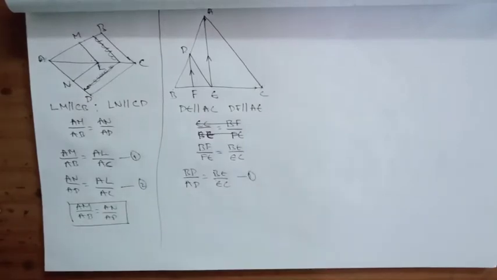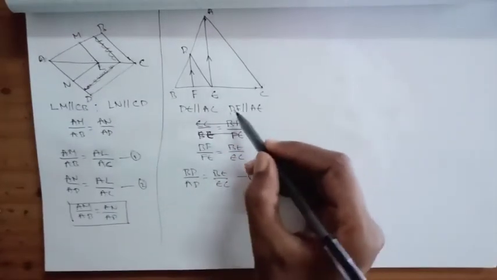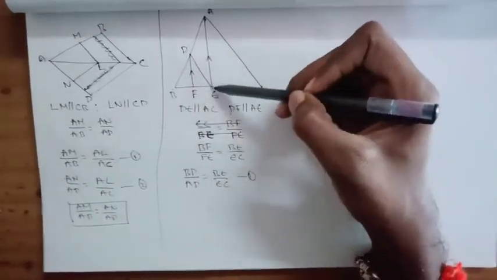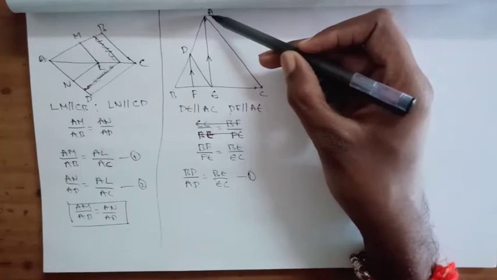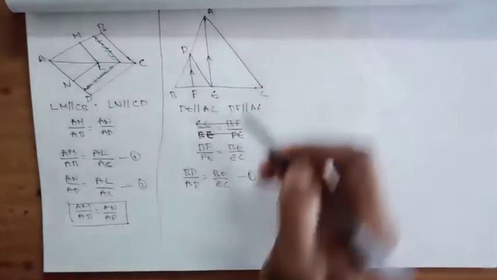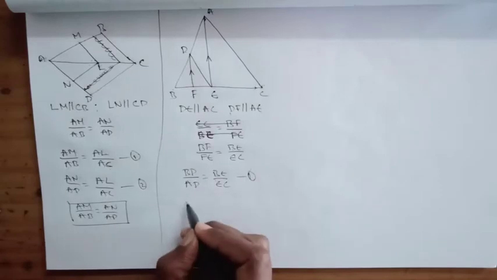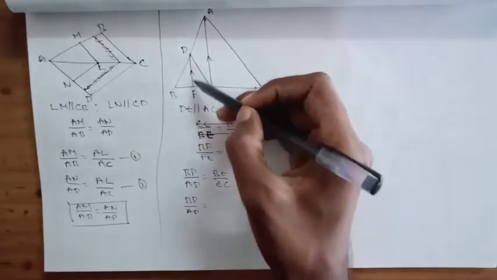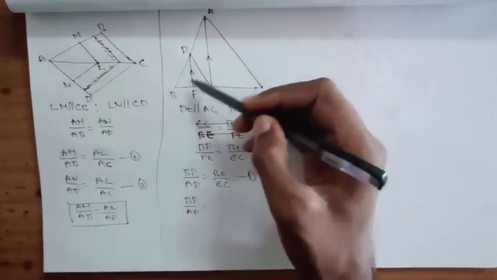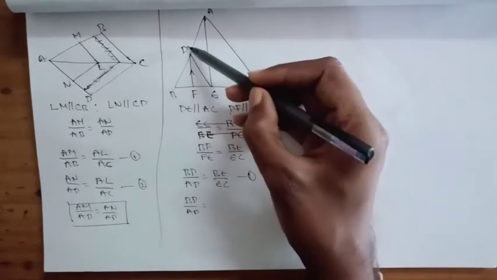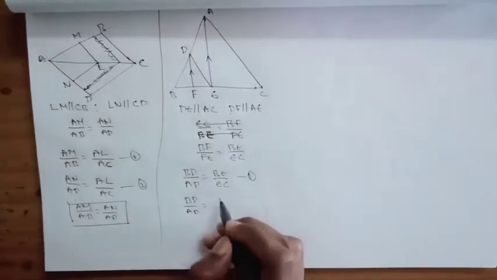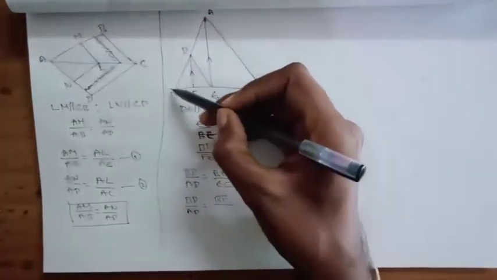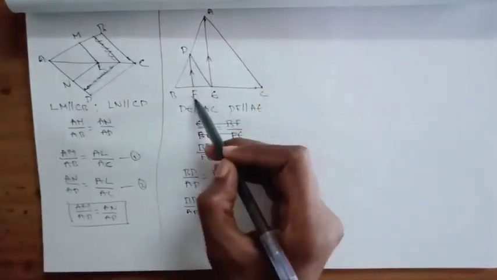If we consider this equation, DF is parallel to AE. If we rewrite that equation in terms of BD by AD, then it becomes BD by AD equals BF by FE.